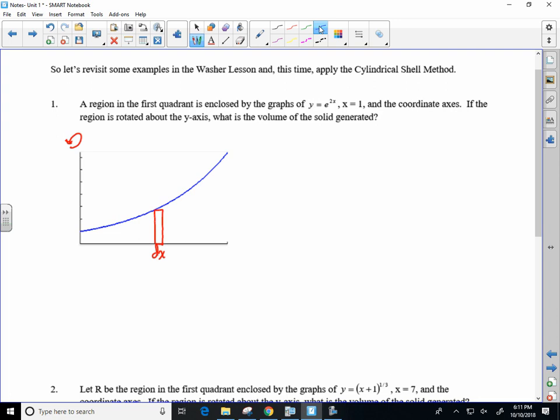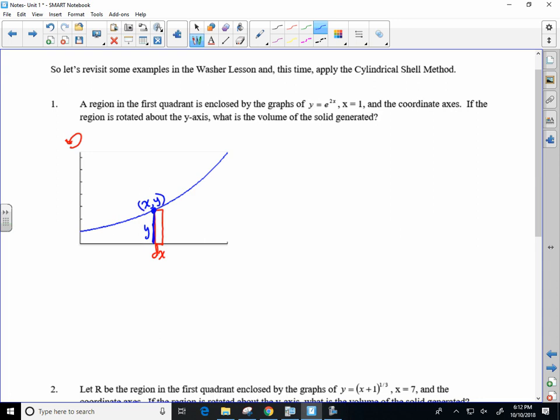The height of the rectangle is a distance from the x-axis up to a point on the curve. The distance from the x-axis to a point in space is known as y, but specifically, we have a coordinate x comma y.